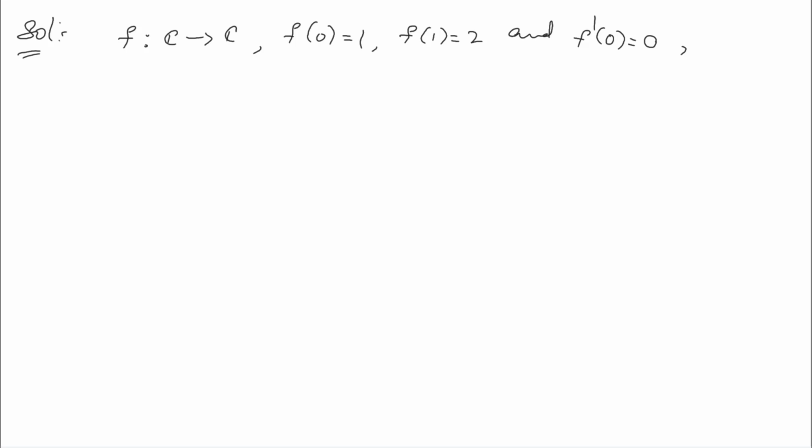And it is given an extra condition that there exists m greater than 0 such that modulus of f double dash of z is less than or equal to m for all z belongs to C.